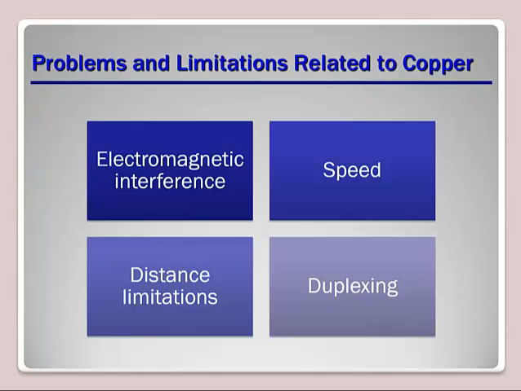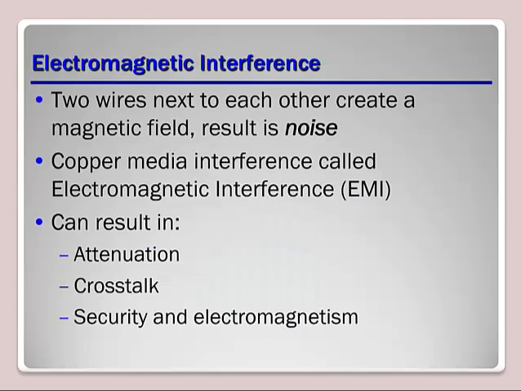All right, so we're done with that. Now we're going to move over to problems and limitations related to copper. We're going to deal with electromagnetic interference, or EMI, speed, distance limitations, and duplexing. So let's take a look. EMI is when two wires next to each other create a magnetic field, and the result is noise.